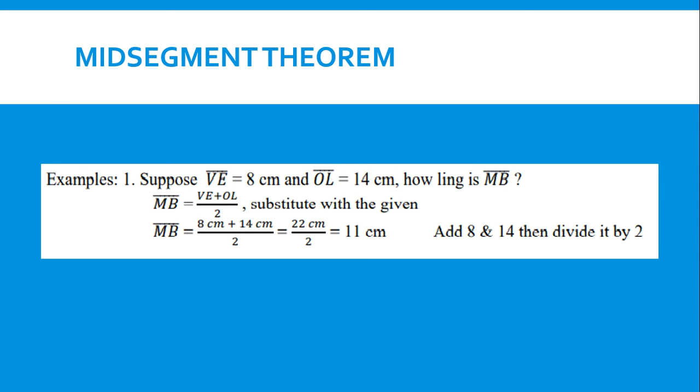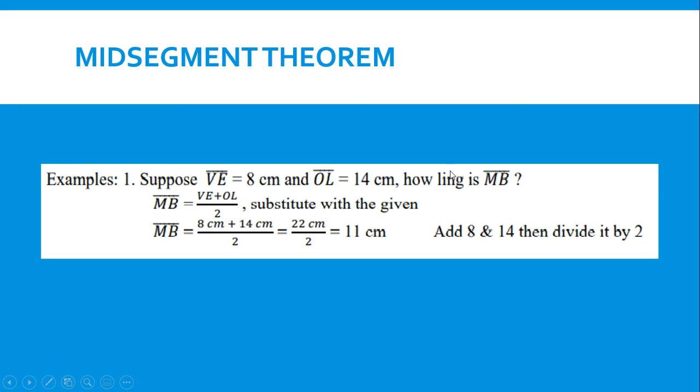Okay, let's go now to the example problems that relate to this figure applying the midsegment theorem. Number 1, suppose VE is equals 8 centimeters and OL equals 14 centimeters.